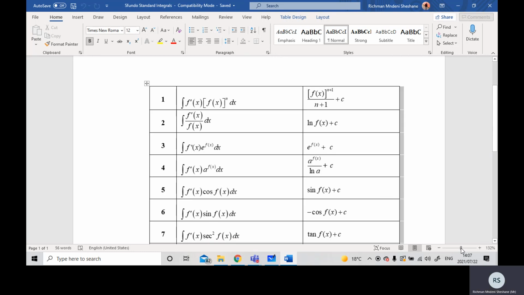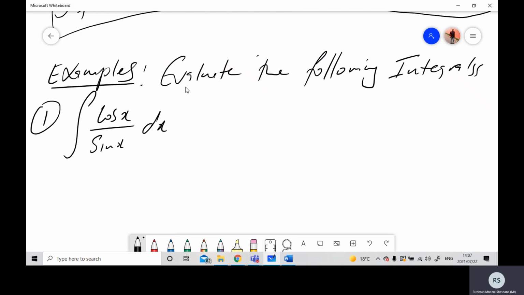So you can always start by looking for this form when you're integrating a fraction. This is the only standard integral that is an integral of a fraction.